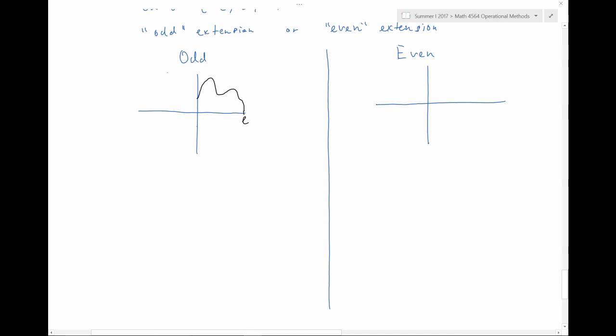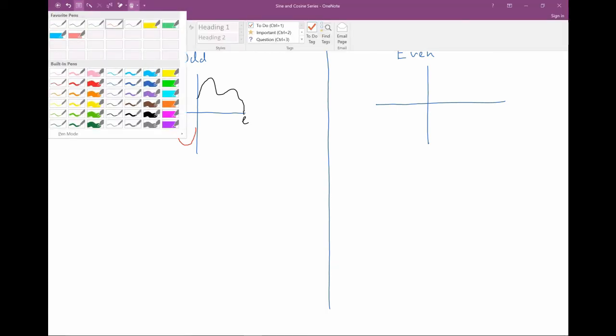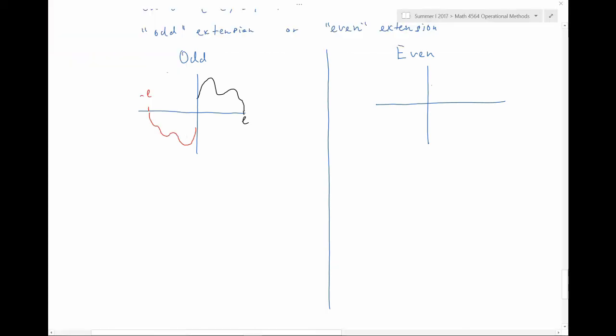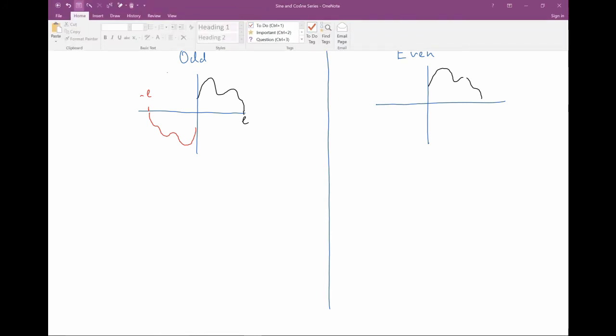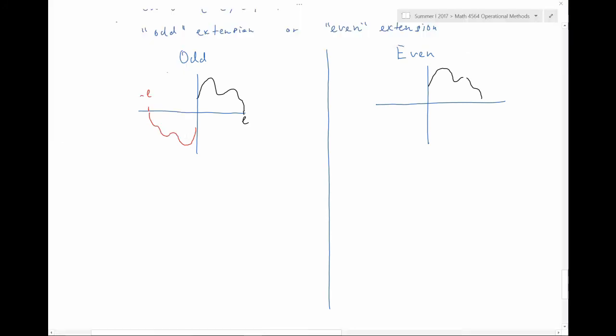It creates a copy of the function on the interval from minus L to L. For the even function, the process is different. The even extension of the function extends it by creating a mirror image, and that's how it extends it on the interval from minus L to L.